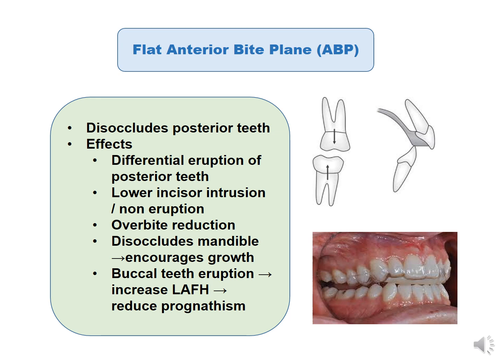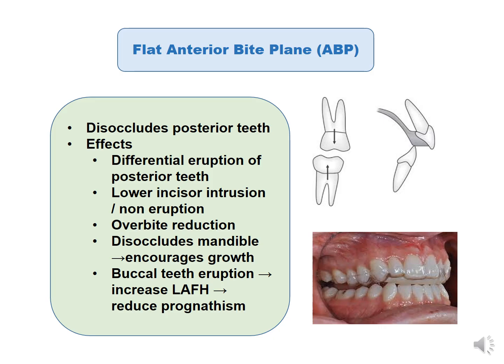The effect of this is a differential eruption of the posterior teeth, with the lower incisors either being intruded or at least held from over-erupting. This results in a reduction of the overjet.